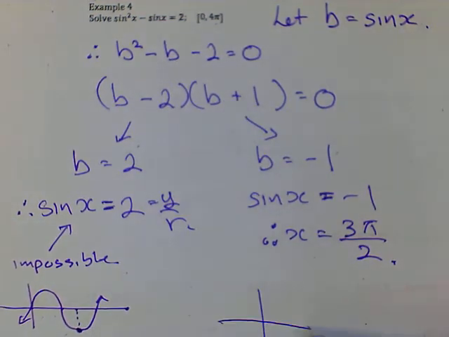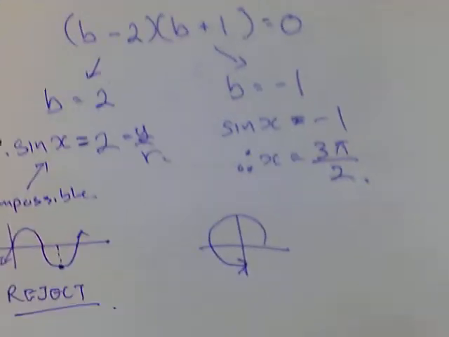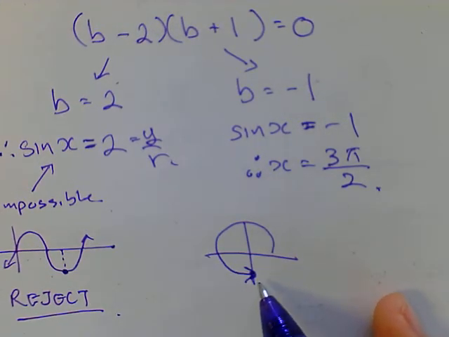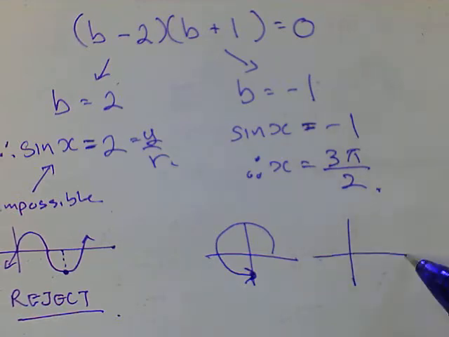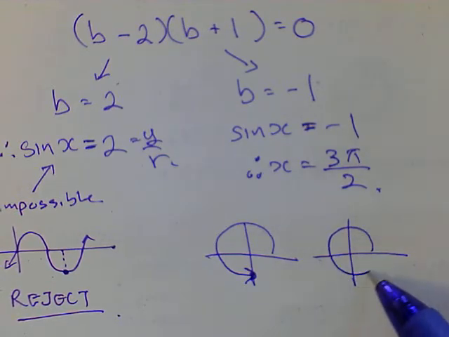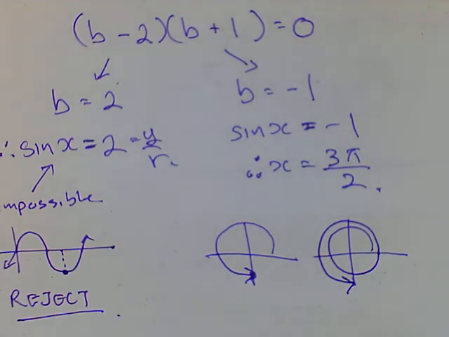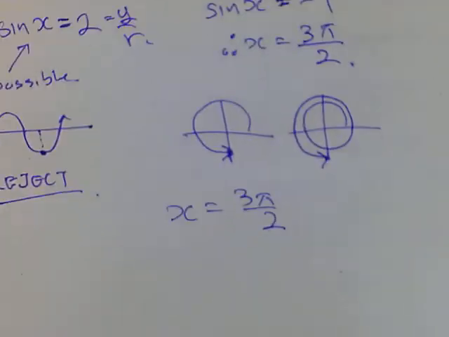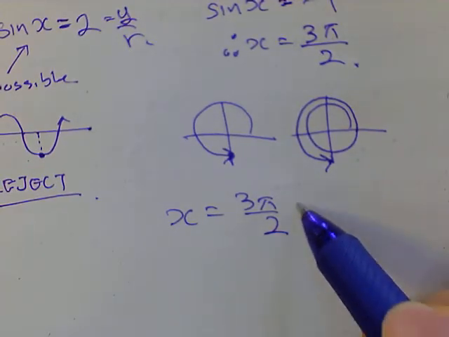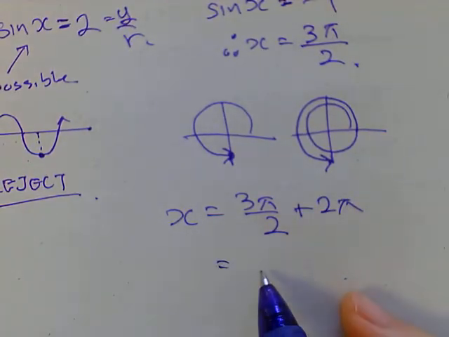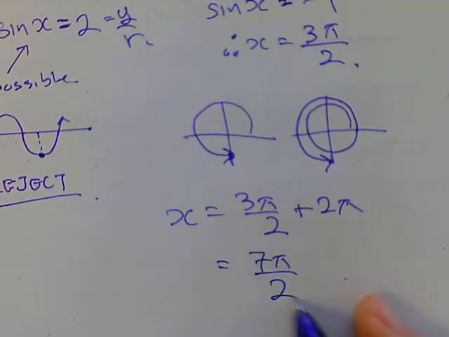In one circle, this gives me a sine value of -1. When else will you get a -1? Well, after one rotation, that will also work, because it's coterminal. So x is going to be 3 pi over 2 plus another full circle. It is going to equal 7 pi over 2. 2 answers. Yes?